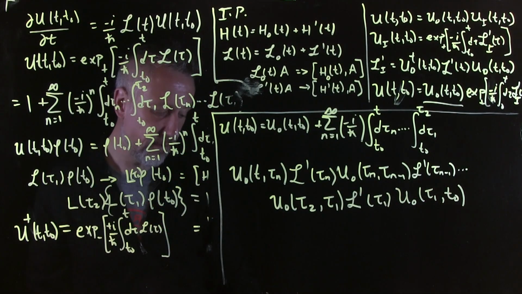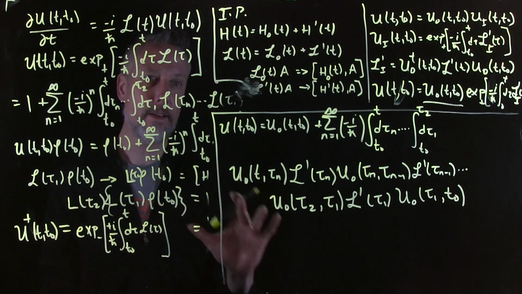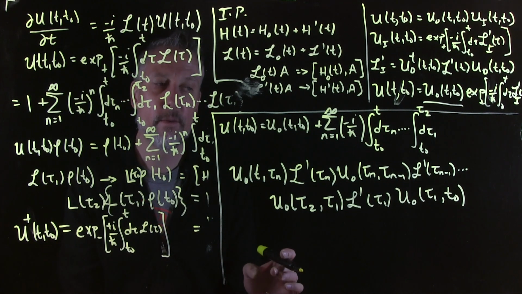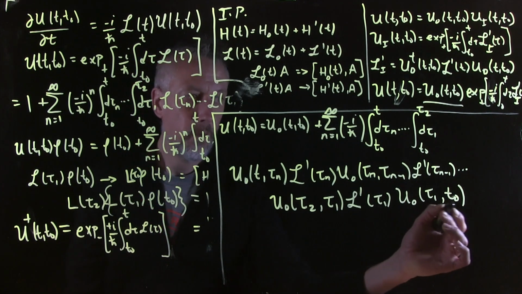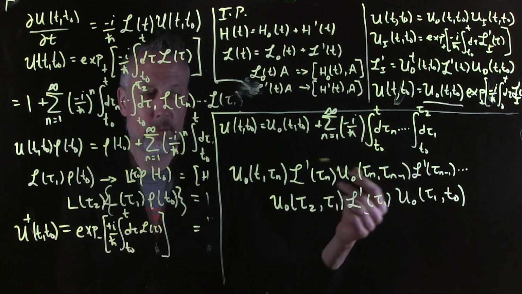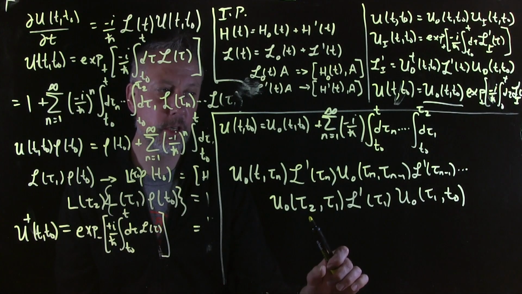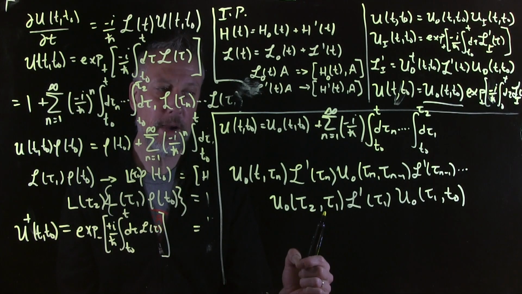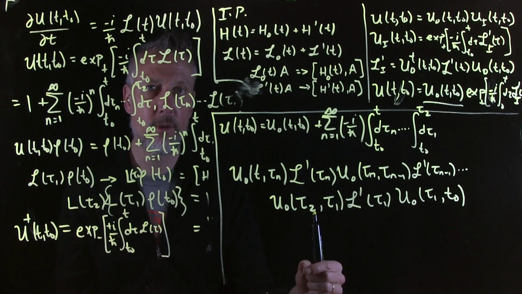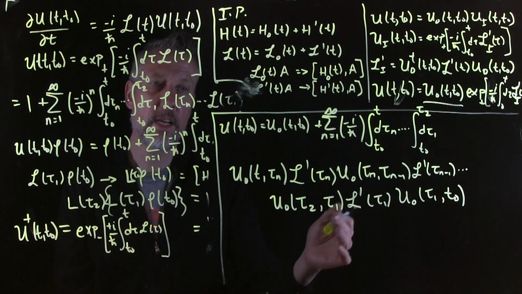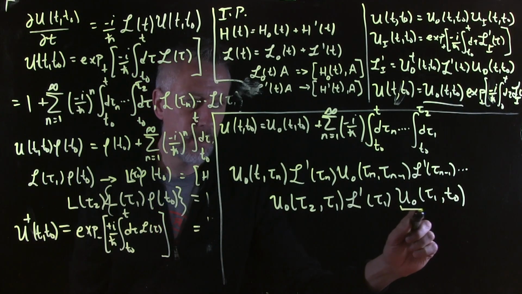All right, and the interpretation of this is identical to the interpretation that we had when we did this in Hilbert space. Let's call the H naught part or the L naught part the field-free evolution, whatever the system would do by itself given a density operator that you have, or a state. This is the field-free.